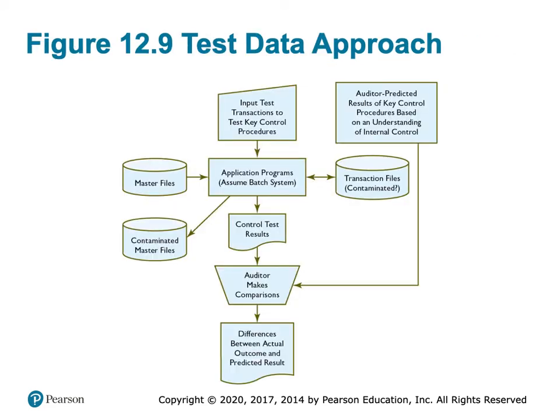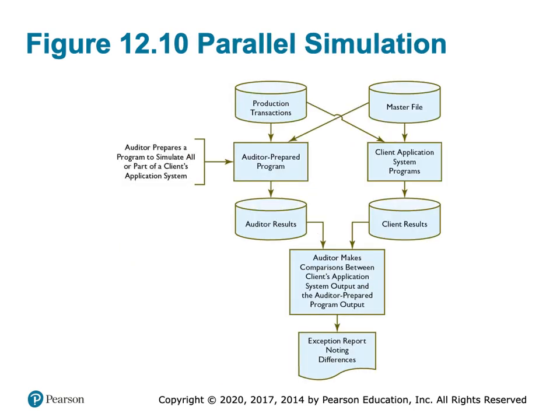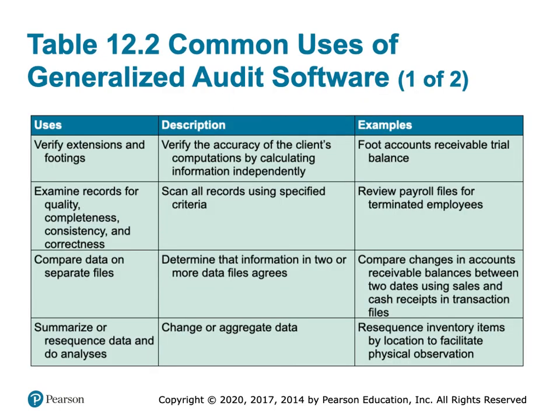Okay, this is kind of a diagram of these tests. I won't quiz you on these, but this is just to give you some information. If you're doing a parallel simulation, you'll run your audit program separately. So you can see, we used to have to actually manually foot reports. Footing means adding stuff up, for those of you who don't know it.